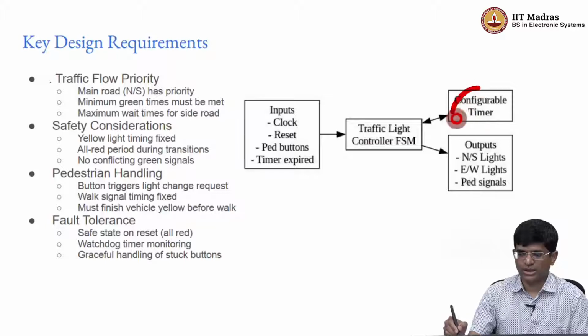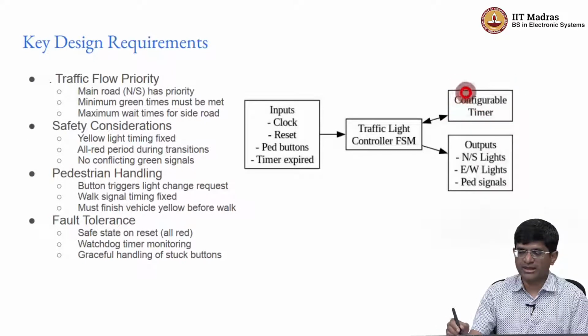Now this counter on the other hand is not really contributing to the states in the FSM. It just allows us to measure a timeout. So rather than saying that the number of states expands out into ns green underscore 1, ns green underscore 2 and ns green underscore 3 up to ns green underscore 1000, I can just say I have an ns green in which I have a counter going from 0 up to 1000, right.